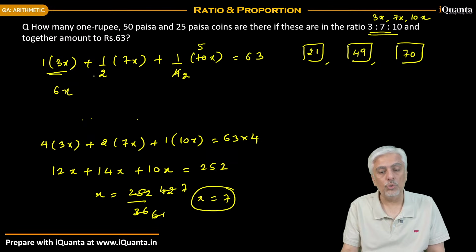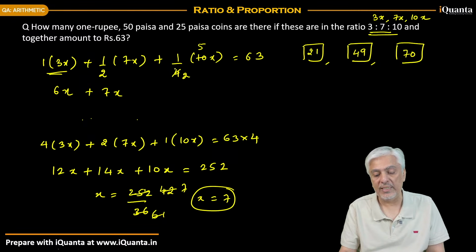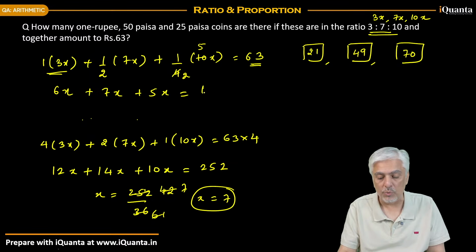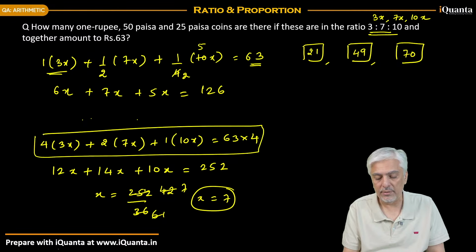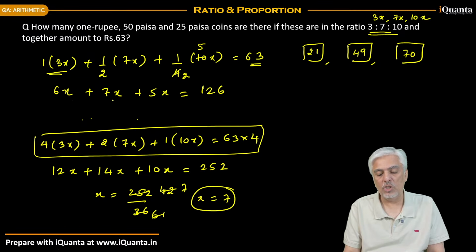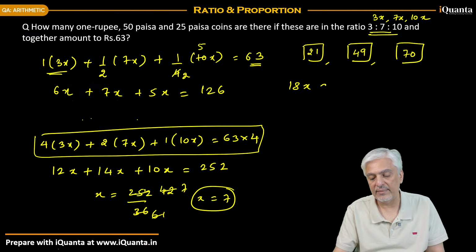Half into 2, so 2 will cut, and we will be left with 7x. 1/4 into 2 into 10x, so we'll be left with 5x. And if I multiply by 2, I have to multiply by 2 here also. 63 multiplied by 2 is 126. If you see, this is actually the same equation. 12 plus 5, 18x is 126. And you will get x is 7.